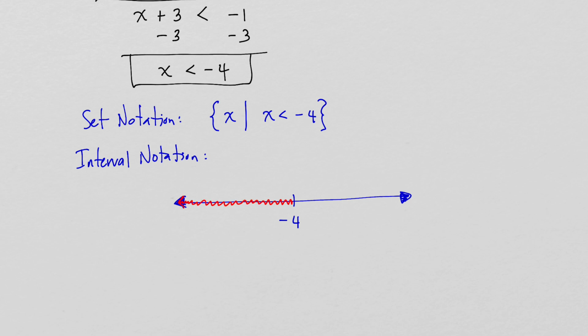And it's not equal to, and so what we do here is we put a parentheses to indicate that we are not including negative 4. And then you need to remember that when we go forever to the left, this is basically negative infinity. And so in interval notation, the way you describe this is all the numbers coming from negative infinity going up to the number negative 4. And so we would write that like so.